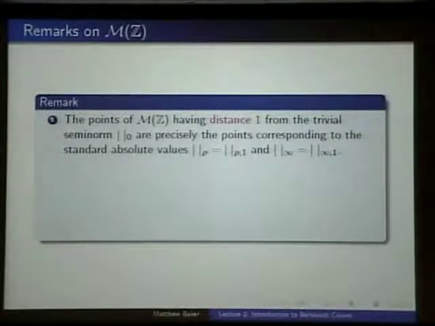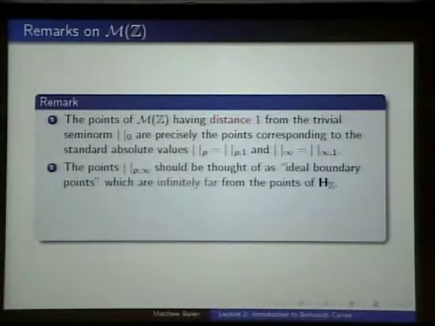Now, the points of distance 1 from the trivial seminorm are exactly the standard absolute values, just by definition. So you can think of these standard absolute values, where the absolute value of p is 1 over p. Those are the things at distance 1 from the center. And these points p infinity should be thought of as some kind of ideal boundary points that lie infinitely far away.